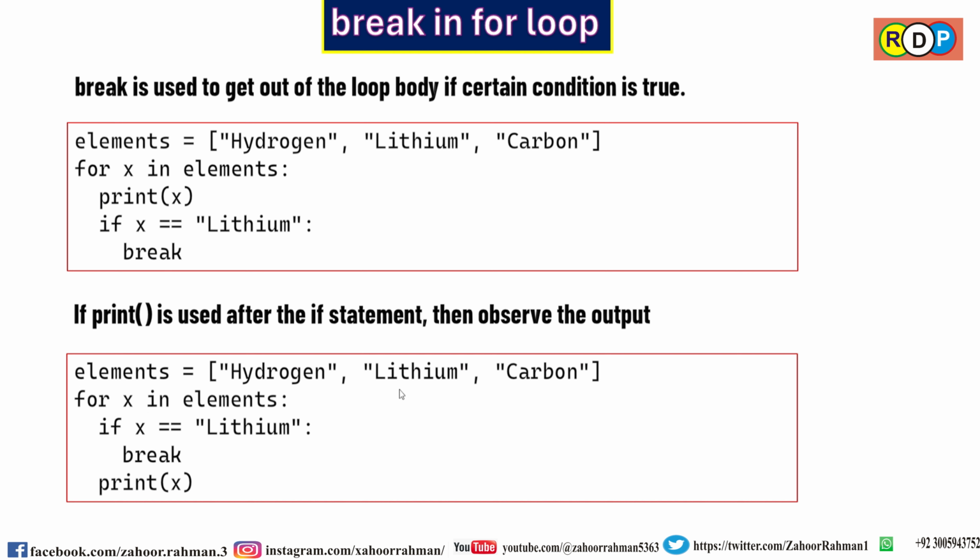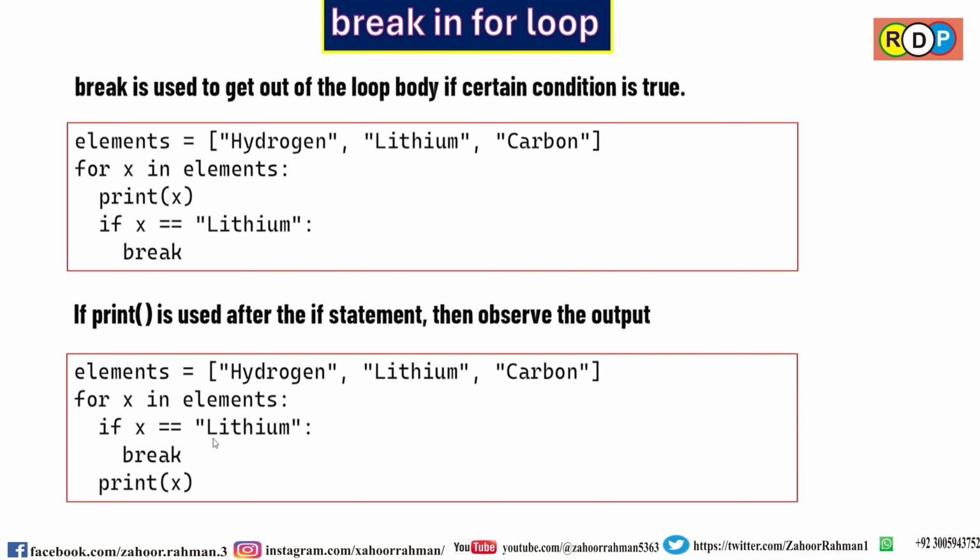Elements is equal to hydrogen, lithium, carbon, and X will be the first processing element, that is hydrogen, and the condition will be tested. It is not lithium, so it will come back and print the value of X, which is hydrogen, and it will not break the sequence. Next time it will go to process the second element, and lithium will be the value of X. In this case, X is equal to lithium, which is true, so it will break the sequence.